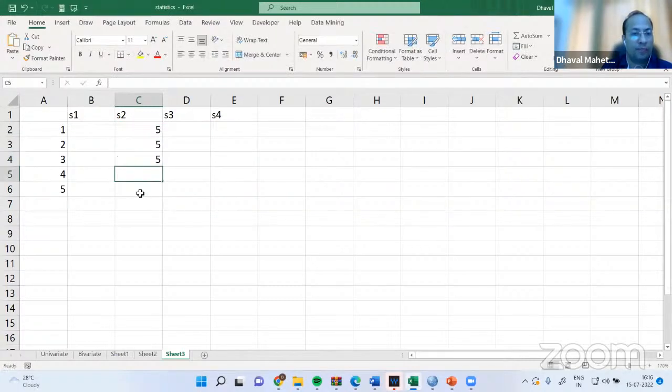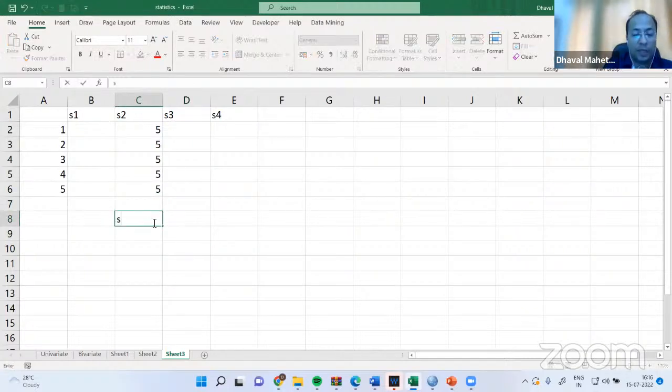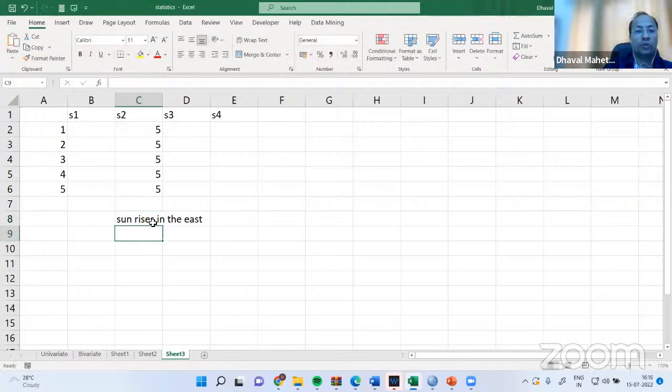They are giving extreme answers. Is it correct? There is no polarization happening. It is just like the statement, the sun rises in the east; everybody agrees with this statement. Is it correct? No, it is not correct.